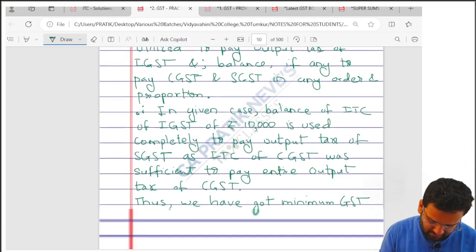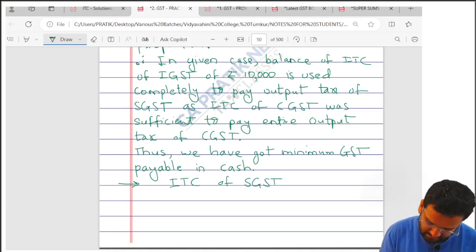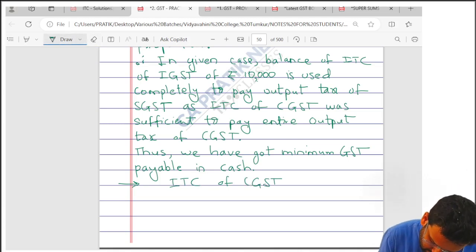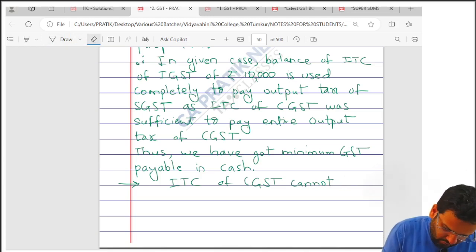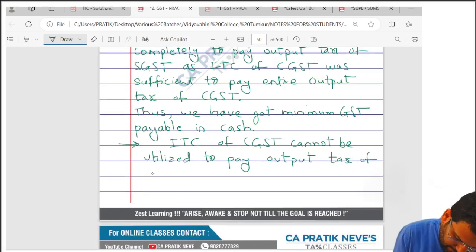One more note you can write. ITC of CGST cannot be utilized to pay output tax of SGST.